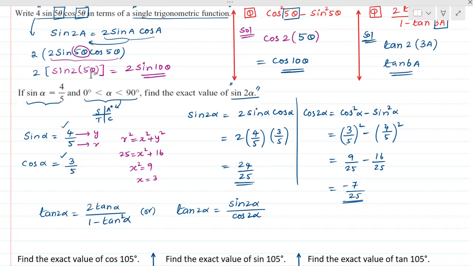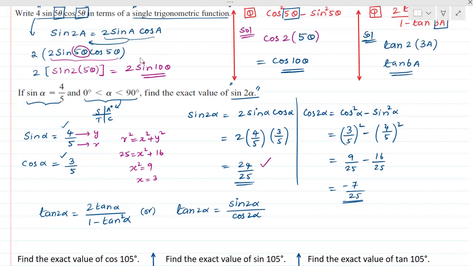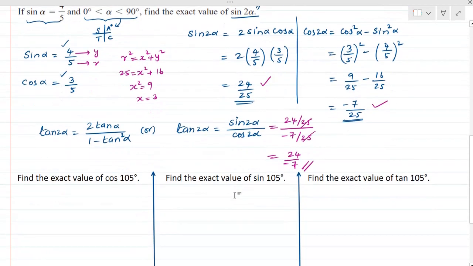But since we have the sine and cosine, I will write it this way. If I divide, 24 over 25 over minus 7 over 25, it gets cancelled. The answer will be 24 over minus 7. That's it. Whenever sine and cosine are there, no need to go with the formula. Just divide as per the rule.